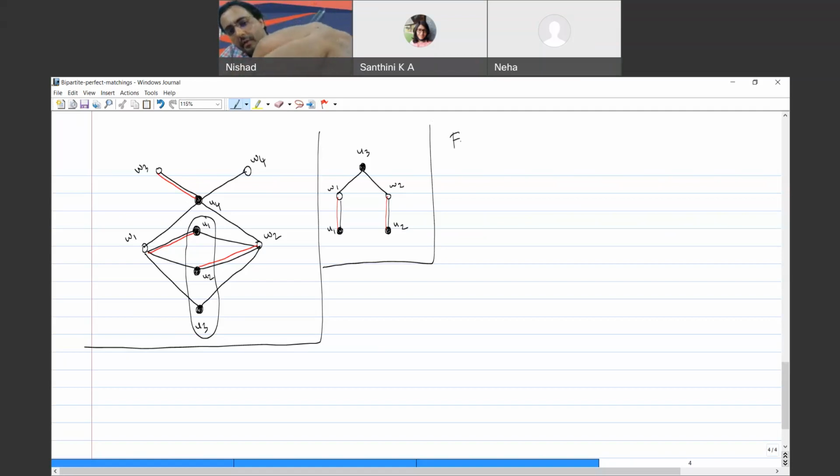Formalizing. Notice that at any step in your algorithm, you will have this tree, right? And what does this tree look like? I won't use different colors. I'll make it a bit faster. So this tree will look like this.